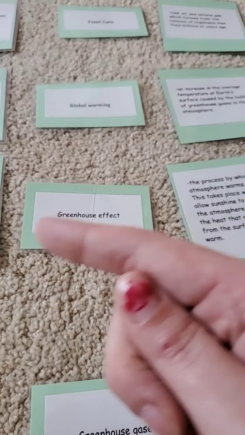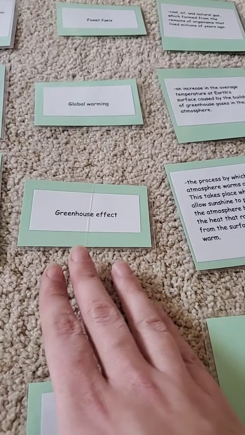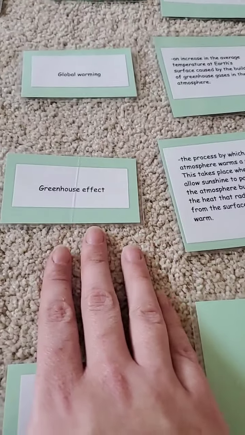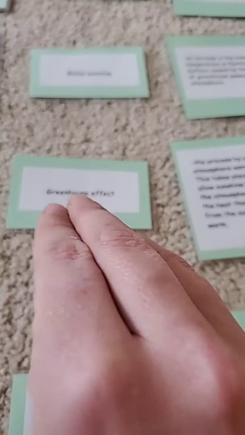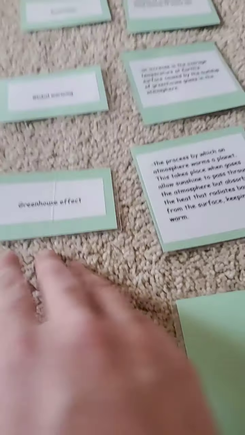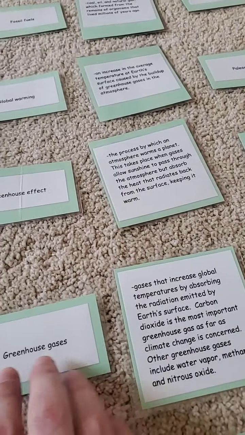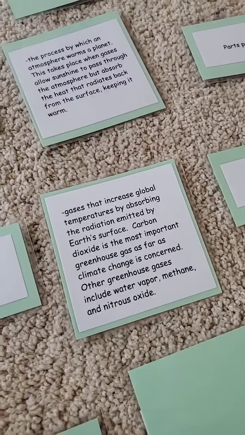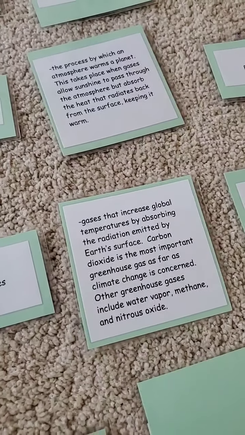But that is if it was a perfect cycle. It is constantly being changed. And so that doesn't always work, and that's how the greenhouse effect can be harmful, because of the buildup of the gases. The more gases we have, the more heat that will be trapped in, right? And then right here it says gases that increase global temperatures by absorbing the radiation emitted by Earth's surface.